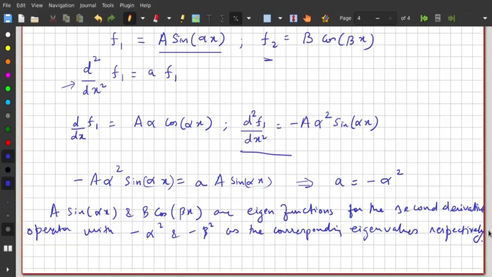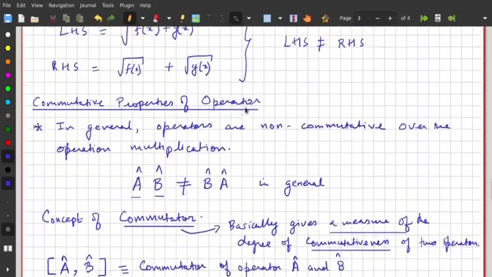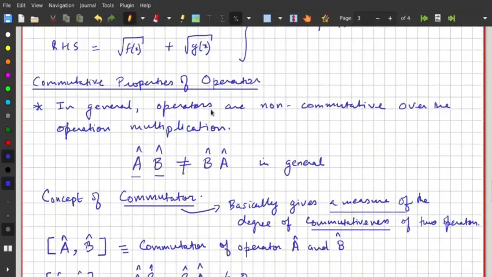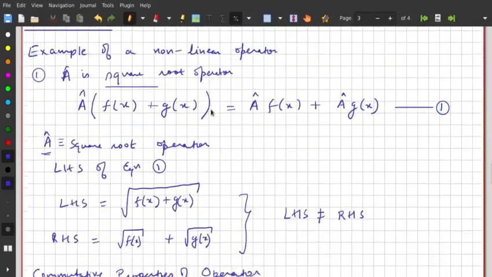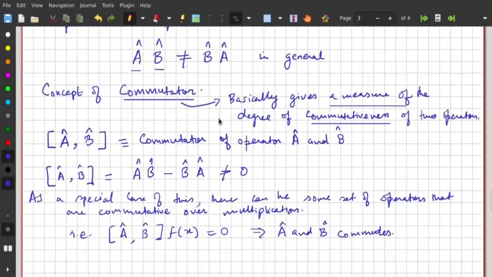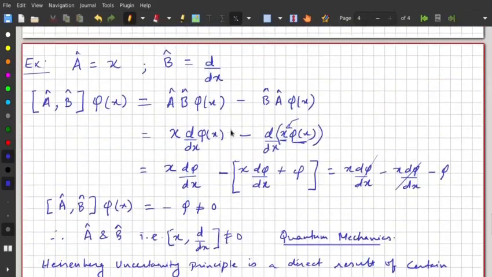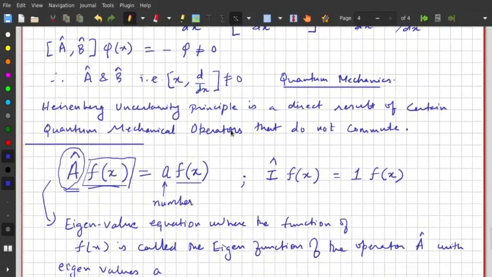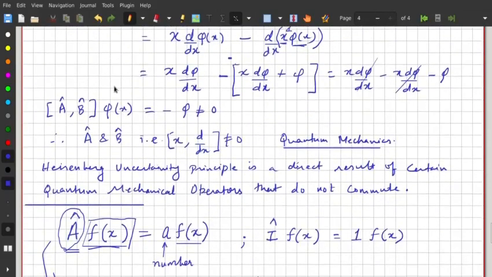So that's what we have covered in this small segment, where we saw the basic ideas of what we mean by a commutator. We covered some ideas of a nonlinear operator, for example the square root operator, and then we came up with the idea of a commutator and how we measure the degree of commutativeness between two operators. We saw an example where the operator x and the derivative operator are not commutative.